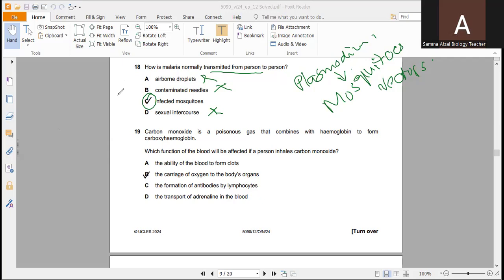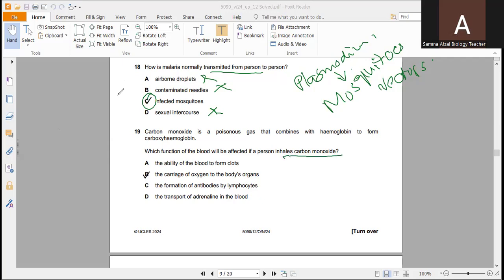Next, carbon monoxide is a poisonous gas that combines with hemoglobin to form carboxyhemoglobin. Which function of the blood will be affected if a person inhales carbon monoxide? The ability of the blood to form clots.